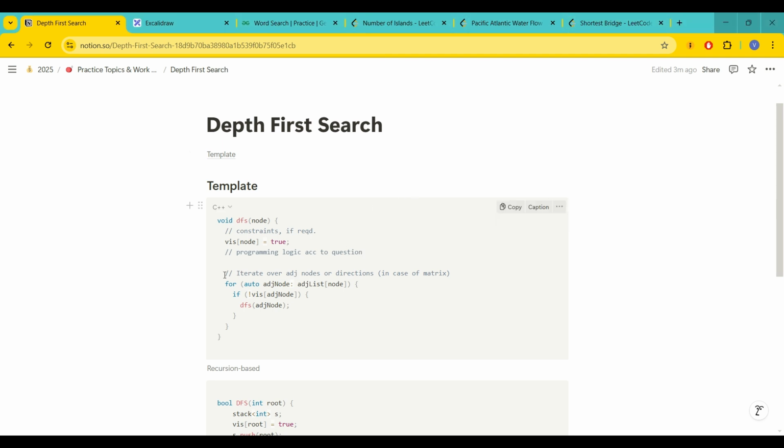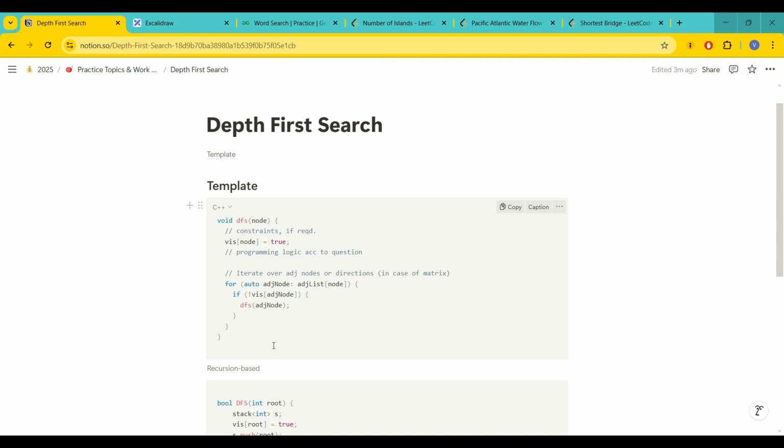After this, we have to look for the adjacent nodes, and of course if a node is not visited, then we will carry out DFS on that. As simple as that. Only these 4 5 lines of code, bare minimum, are what we need to know to perform a DFS on any question.